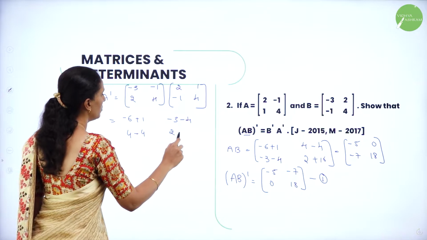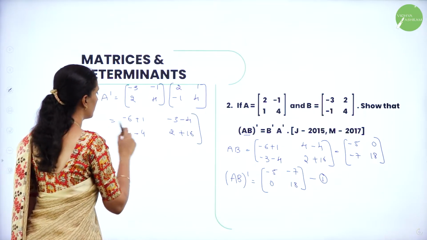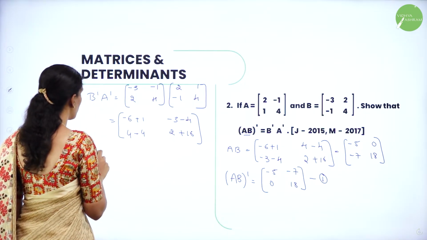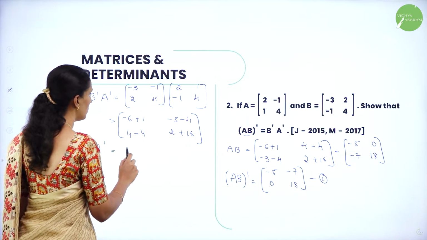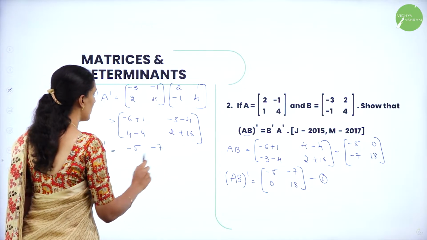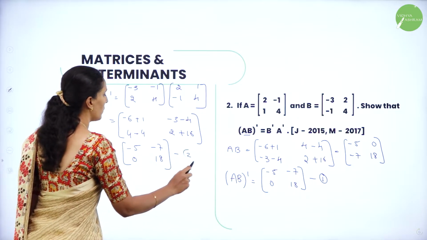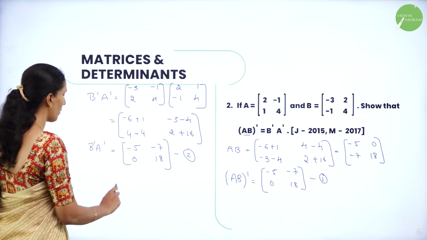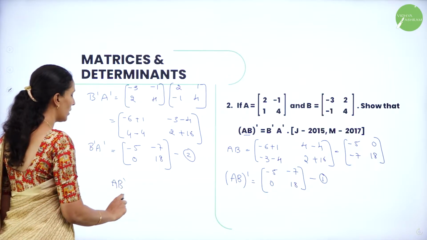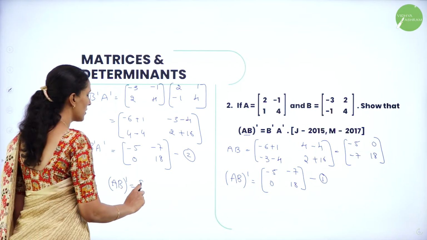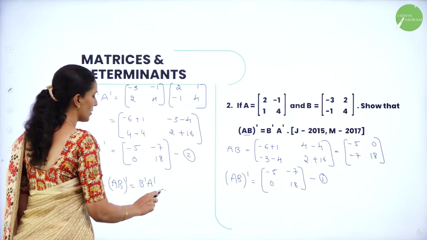Next we have 2 plus 16. So B dash A dash is equal to minus 5, minus 7, 0, 18. Take this as equation 2. So from equation 1 and 2, we can conclude that AB whole dash is B dash into A dash.